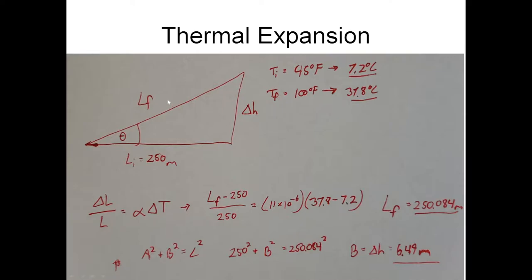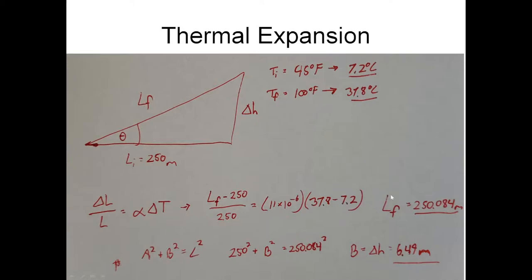We now know L final, so this term we found is the hypotenuse. So that 250.084 goes here on the triangle. Now we know two sides of the right triangle, and in order to find the third side, I recommend consulting the Pythagorean theorem. A squared plus b squared equals c squared. The only rule about which number goes where in this formula is that the hypotenuse always has to be the c squared term.